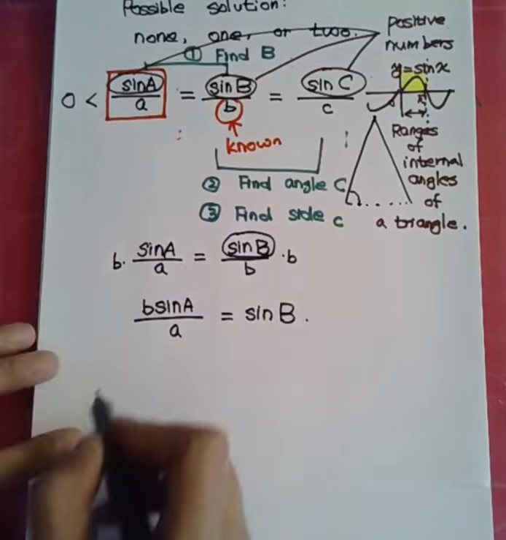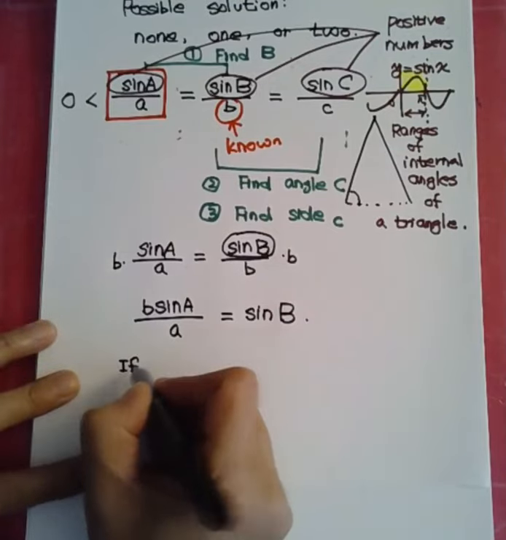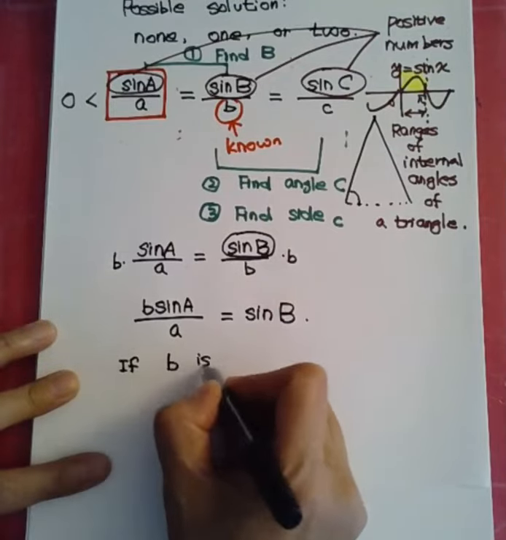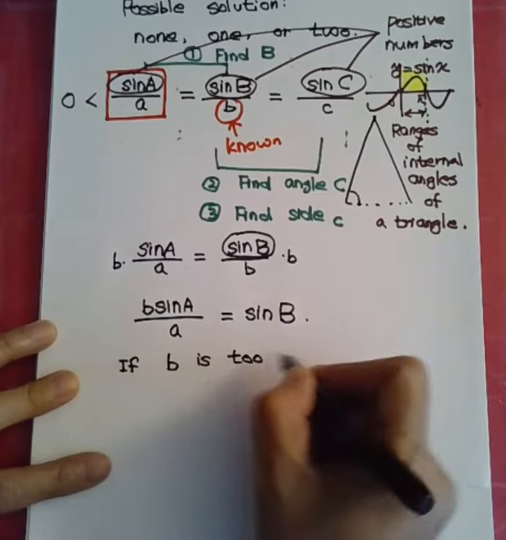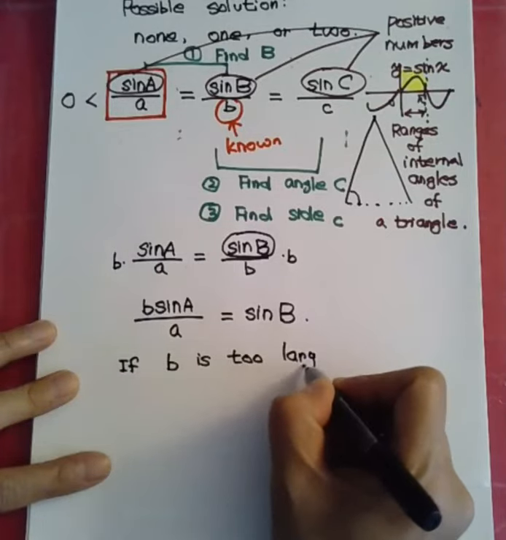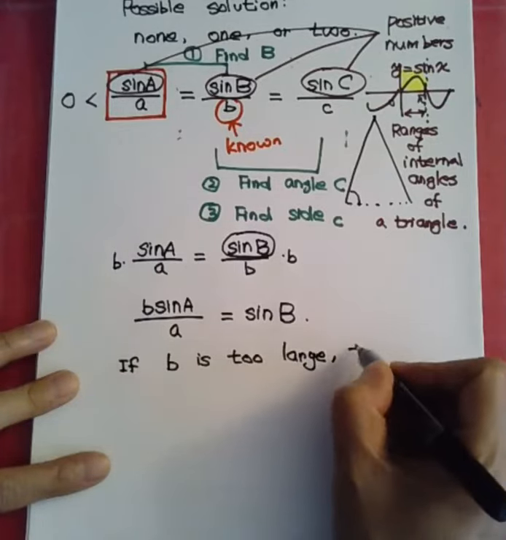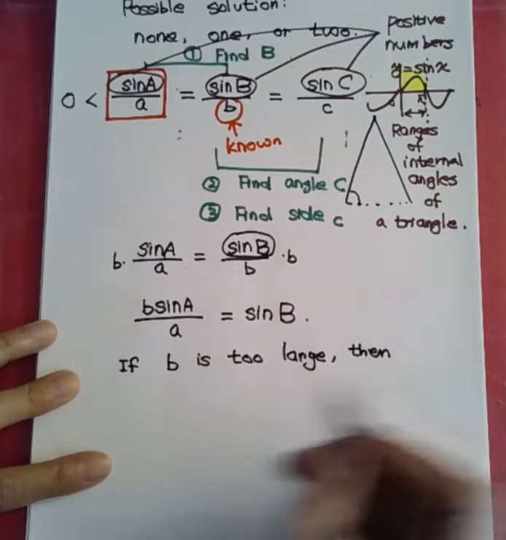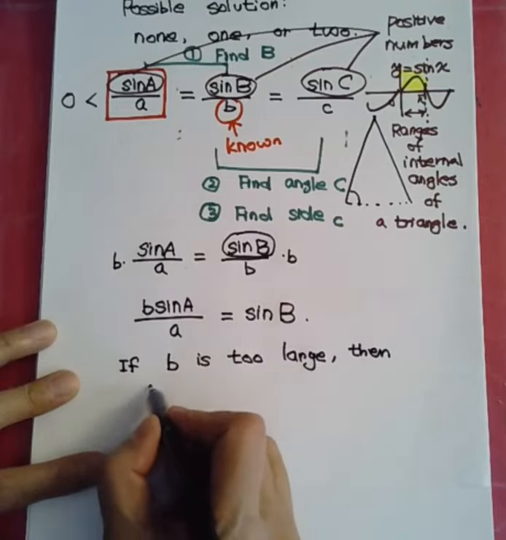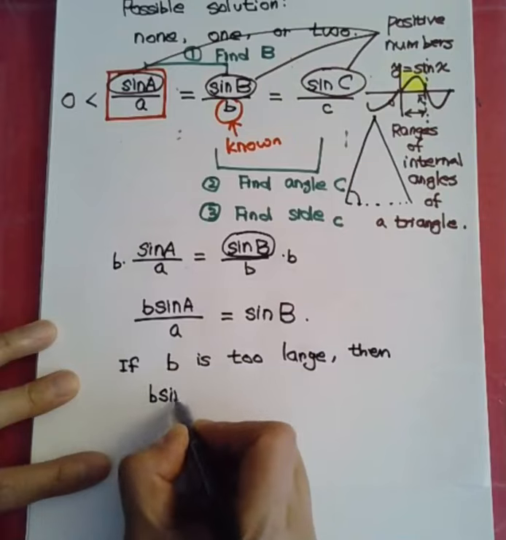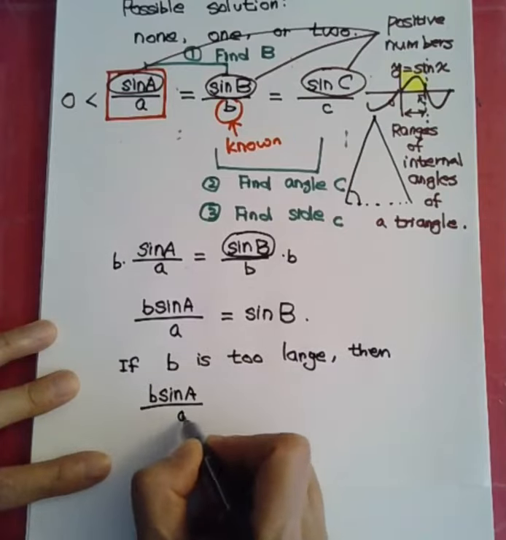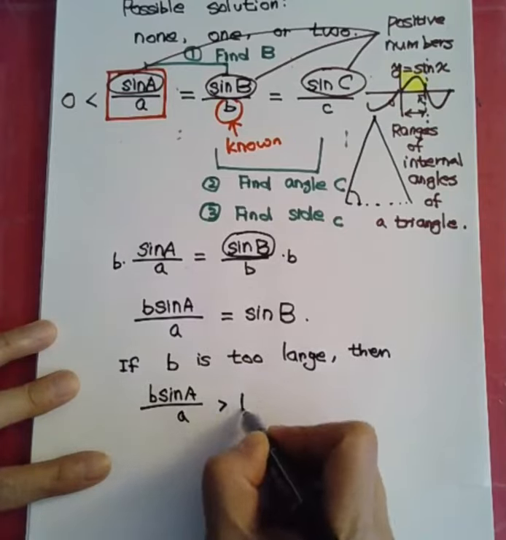At this stage, if the side length B is too large, then B times sine of A over A will become greater than 1.